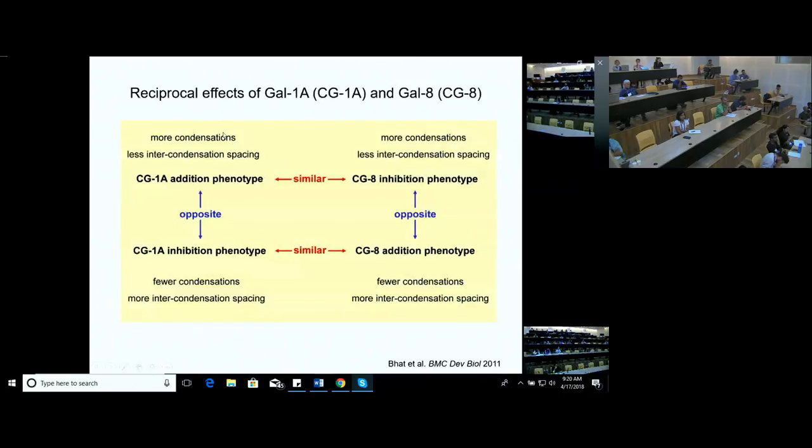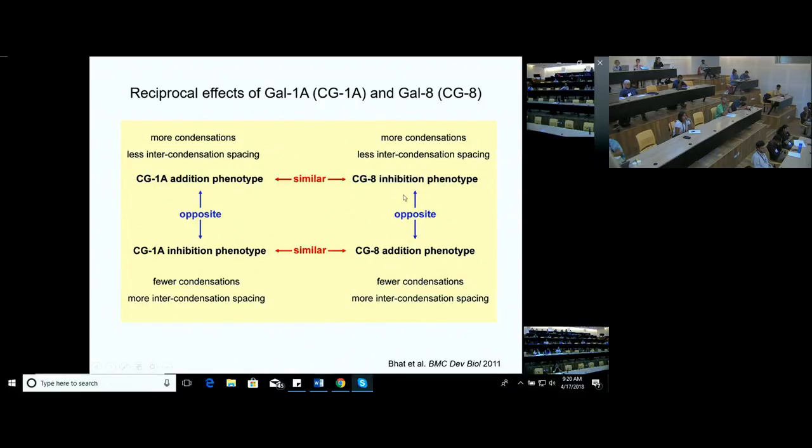And we found that they have reciprocal effects on each other. So CG1A addition phenotype is opposite to the CG1A inhibition phenotype, but it's similar to the CG8 inhibition phenotype, which in turn is opposite to the CG8 addition phenotype.